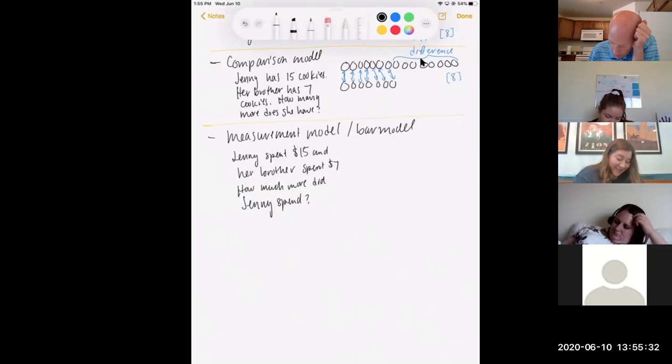Okay, so the bar model, when we have a subtraction situation, there's going to be one quantity that's bigger than the other, or usually the first quantity is what I put down.